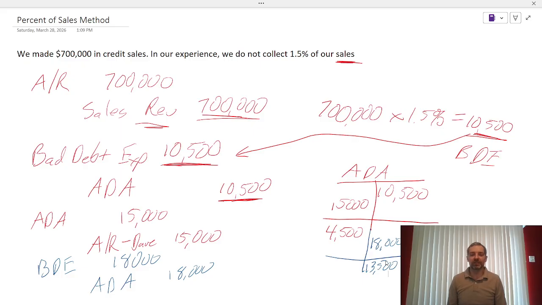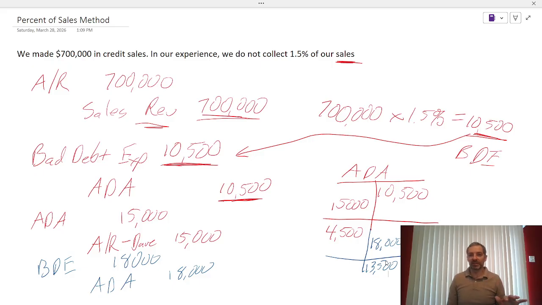So that is one of the main issues here with the percent of sales or the income statement approach: we can end up with some really weird numbers in the allowance for doubtful accounts because if we make a mistake, it just follows us forever. All right, so that is one of the big disadvantages.